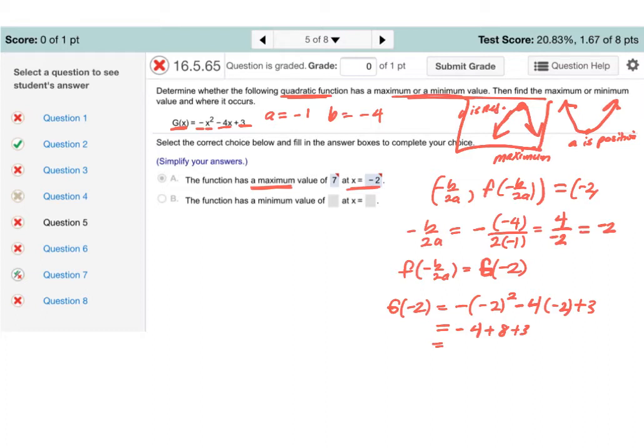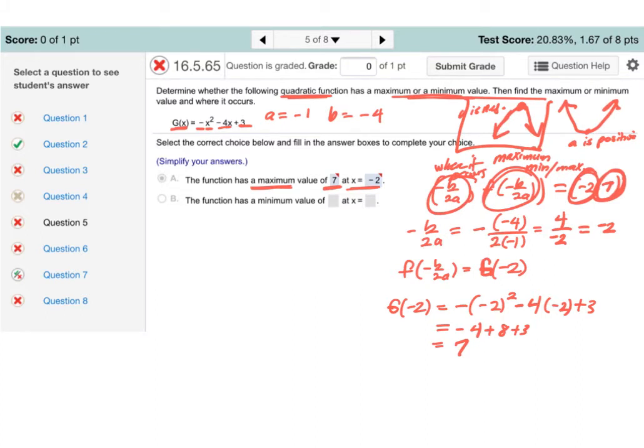A positive 4 plus 3 will be 7. And so we know our vertex is negative 2, 7. The x portion tells us where the maximum occurs, and 7, the y-coordinate, will be the actual maximum value here.